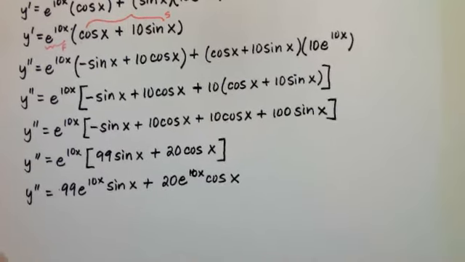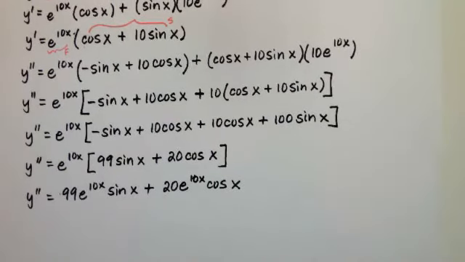So that is what y double prime will end up being. Sometimes you have to do a bit of algebra in order to get to that final answer. All right, so that's going to conclude this video on section 3.5 dealing with derivatives of trigonometric functions.